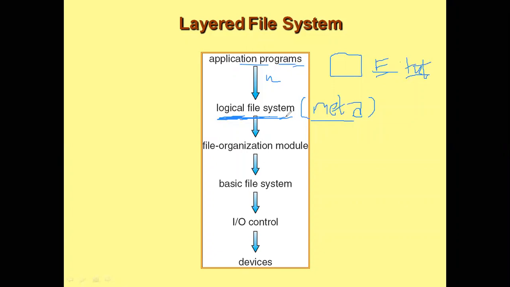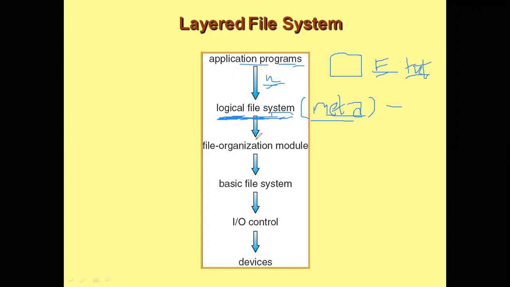Also, as I said, it has metadata information, so you can also call it the FCB. That is, the information present in the FCB is stored in the logical file system. So now you have the name given by the application program to the logical file system, and this logical file system will have the logical address of this particular file.